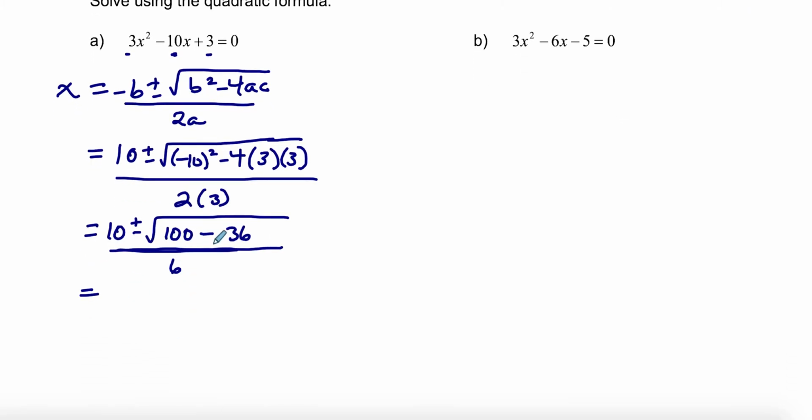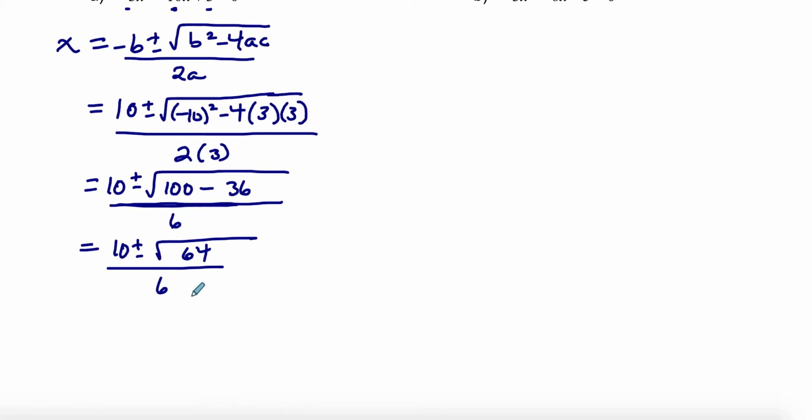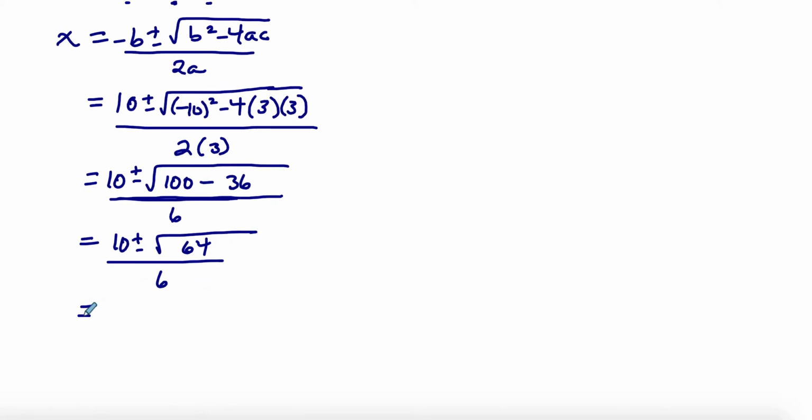So there is a fraction here for the entire numerator. 10 plus or minus the square root, 100 minus 36 is 64 over 6. So sometimes I'll go this far, especially in this case. I can actually find the square root of 64, which is just 8 divided by 6.